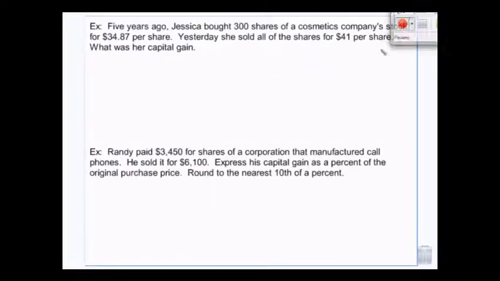Now you're not given the total amount that the purchase was, you're given the individual shares. So we have 300 shares that were bought at $34.87 and sold at $41. So first we have to find out how much the total transaction was for each, the buying and the selling.